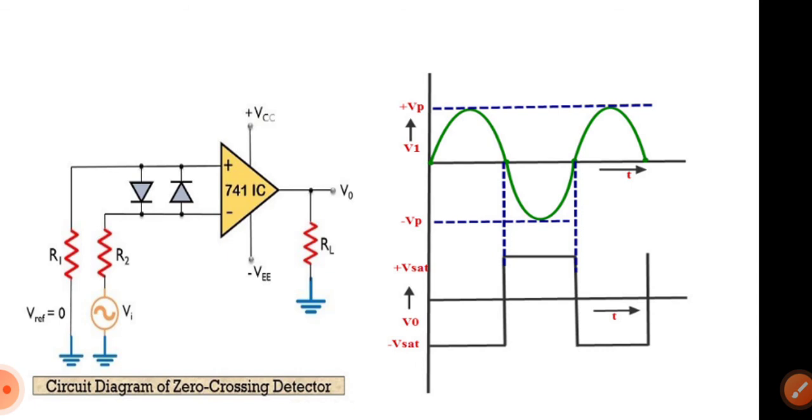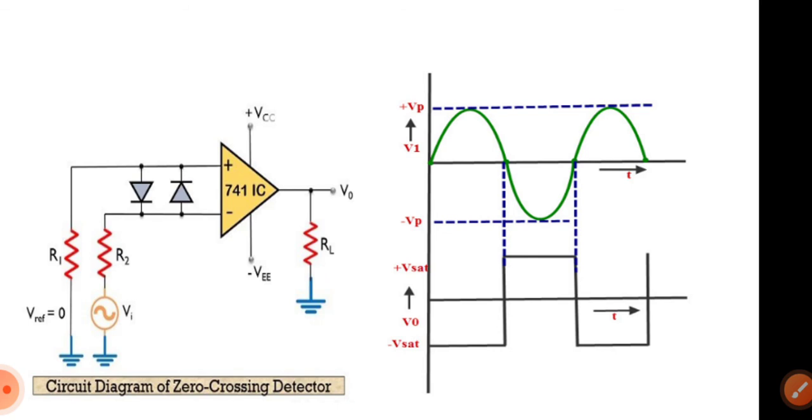When the input signal passes through 0 in the positive direction, negative saturation occurs. When Vin passes through 0 in the negative direction, the output switches and saturates positively. So negative saturation gives a negative voltage, and positive saturation gives a positive voltage.